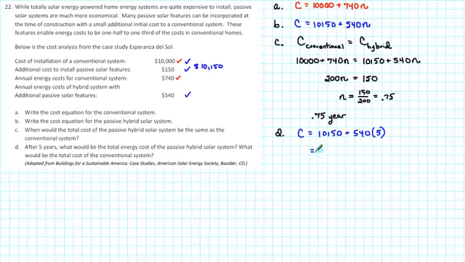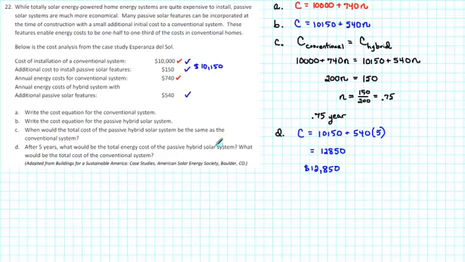That comes out to be 12,850. So the cost of the passive hybrid solar system is $12,850.